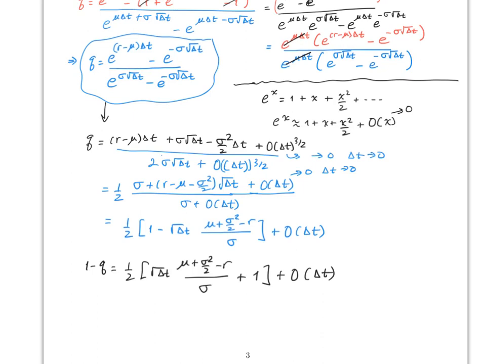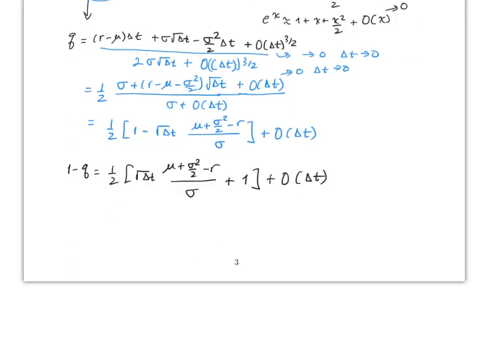Now, if we use these new probabilities and apply to this, remember that z of n was equal to ln of s of n over s of n minus 1.